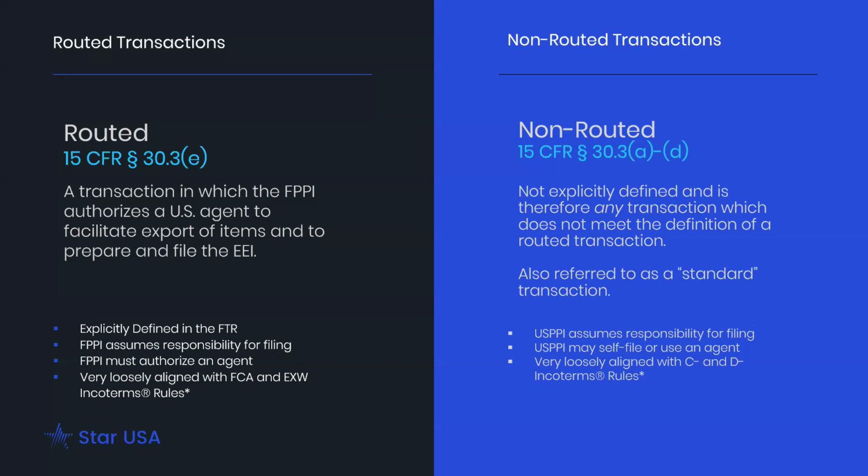You can have an EXW transaction, but if the FPPI has not authorized the agent to prepare and file the EEI, then you do not have a routed transaction, despite the fact that the Incoterms would seem to indicate such. Your actual actions did not back that up. The US government typically refuses to answer any questions when it comes to Incoterms-based framing. So you would need to ensure that you're meeting the criteria as defined under the regs.